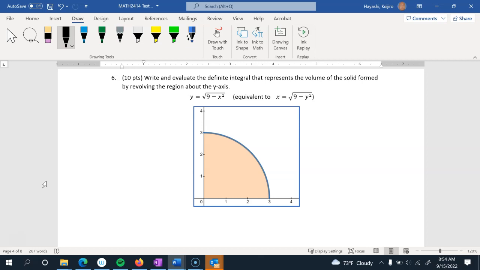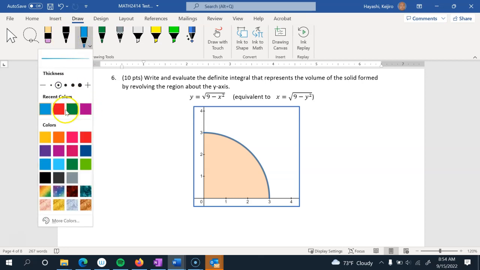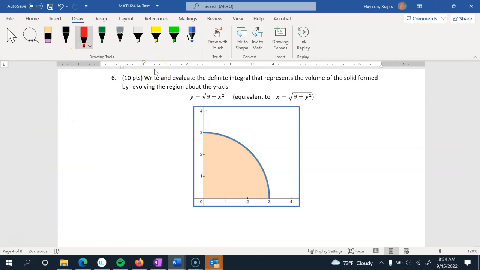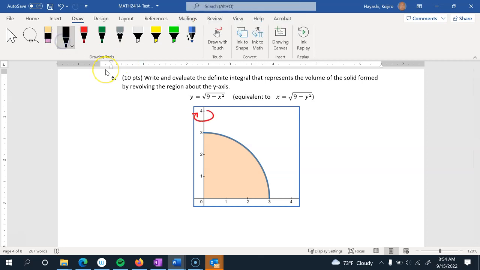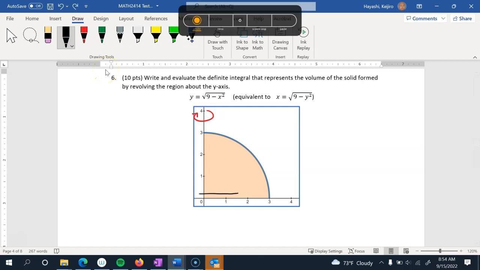And I would say that this would probably be the easiest with the disk method. But since you're rotating it around the y-axis, the disk method will necessitate that your slices be dy slices.